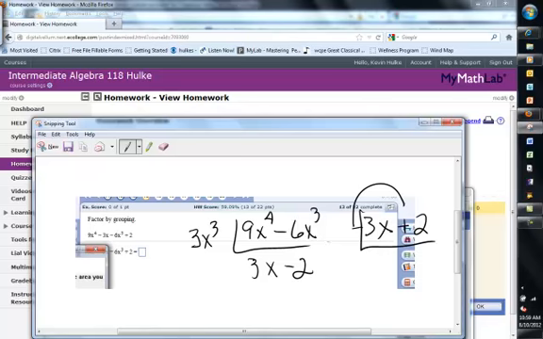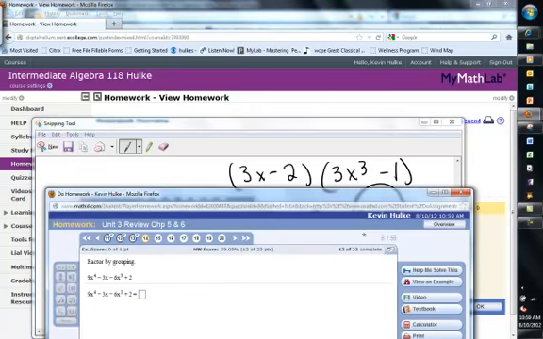Take a negative 1 out of the second ones, and I'm left with 3x minus 2. So my factored form is 3x minus 2, 3x cubed minus 1. Parentheses 3x minus 2, parentheses 3x cubed minus 1.